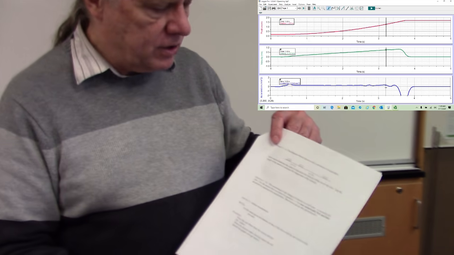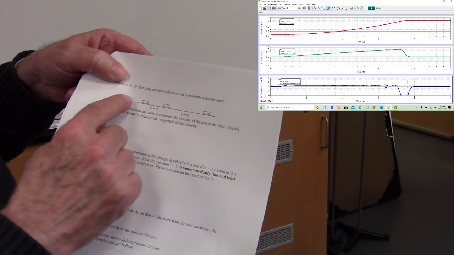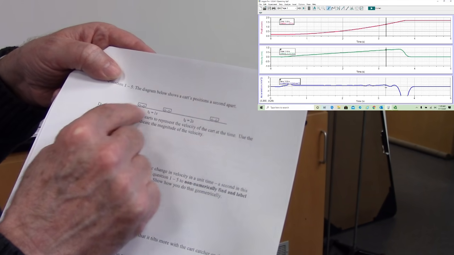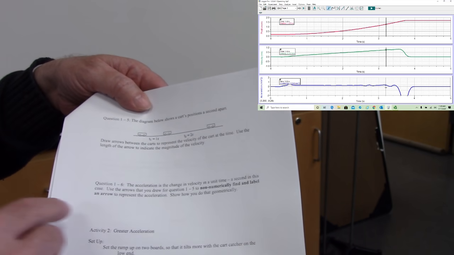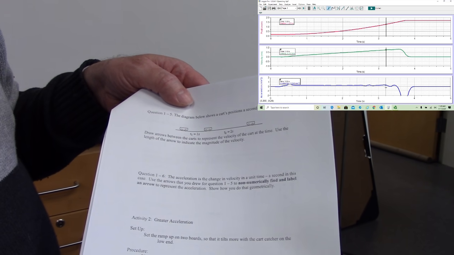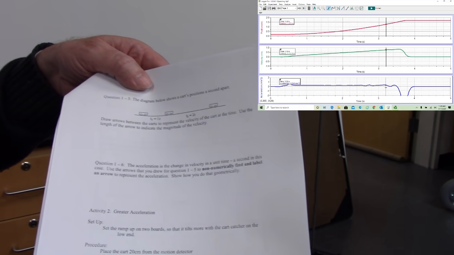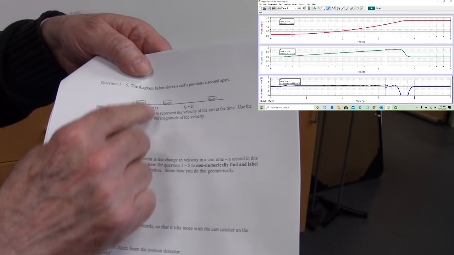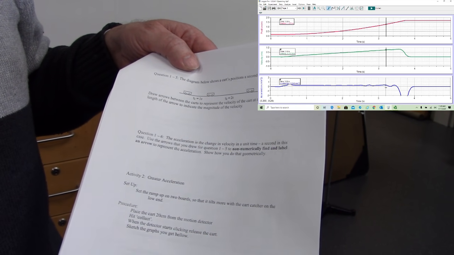All right, so then, for this question, okay, things to note, time is going in this direction. So the cart starts here, then goes there. So basically, you're going to put arrows between the carts, and then you're going to use those arrows to come up with an arrow that represents acceleration. Now notice that we go from time 1 second to time 2 seconds, so our change in time is going to be 1.